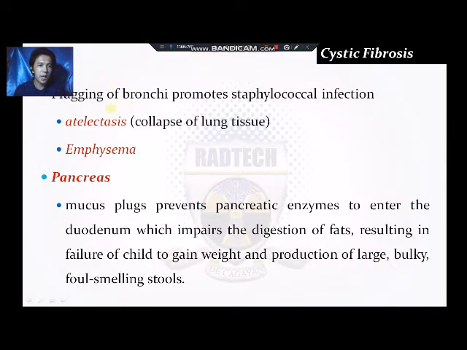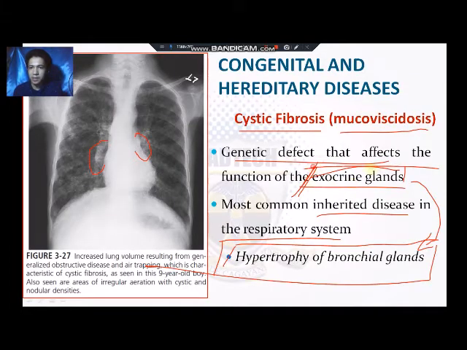Okay, so plugging, plug. Plugging of the bronchi promotes staphylococcal infection, again because of the mucus contents. Daghan kayog mucus plugs, daghan kayog mucus nga contents nga gina-produce si patient, again because of the defect sa ilahang exocrine glands.